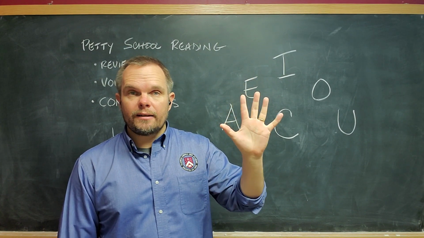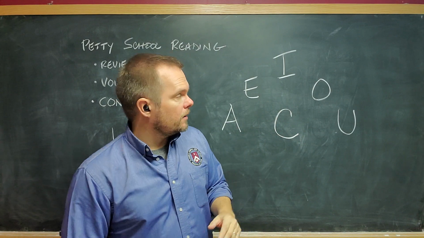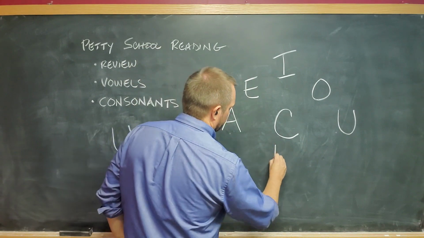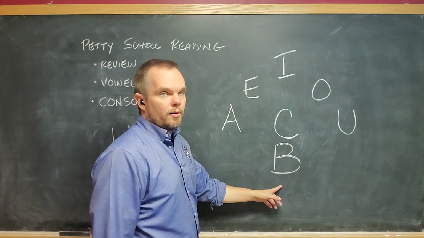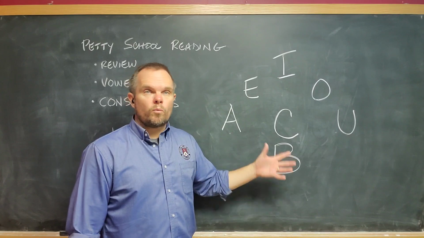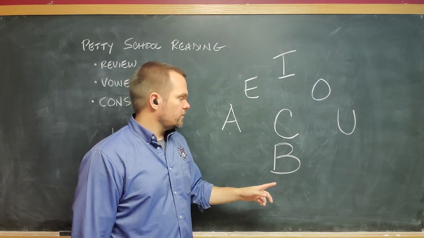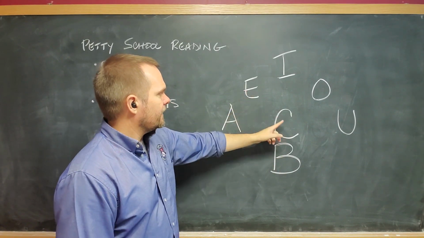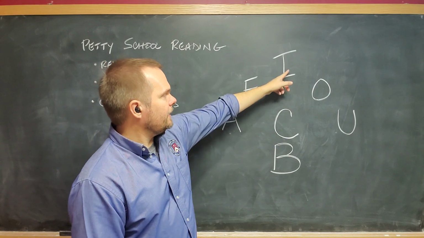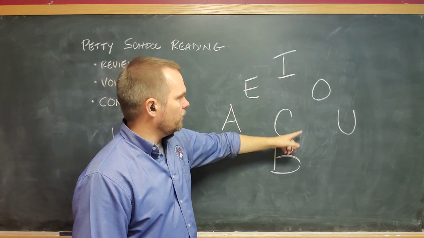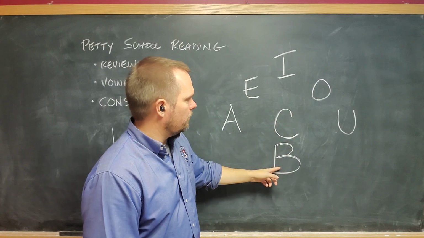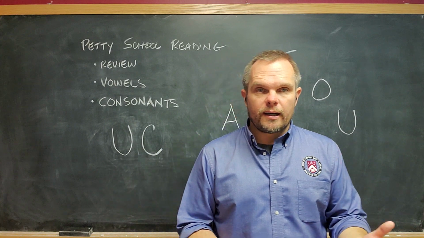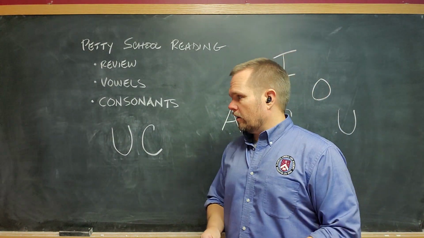Ten new syllables. If we go back to our last lesson and bring back our consonant b, we can make all different syllables: ba, ka, be, ke, bi, ki, bo, ko, bu, ku, just by combining the different consonants and vowels. It's very, very simple.